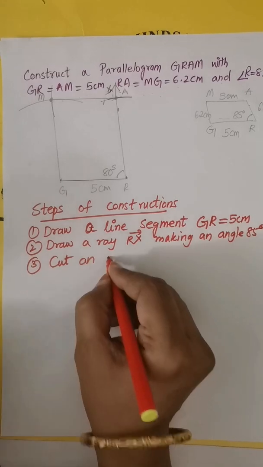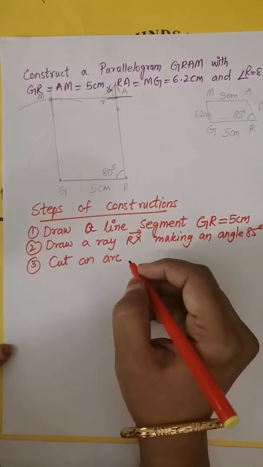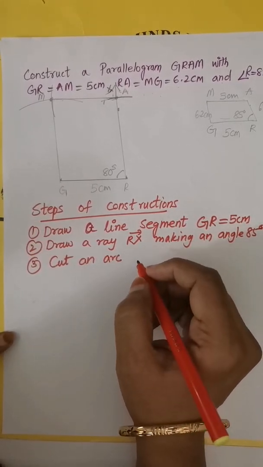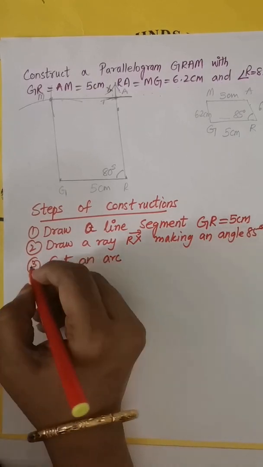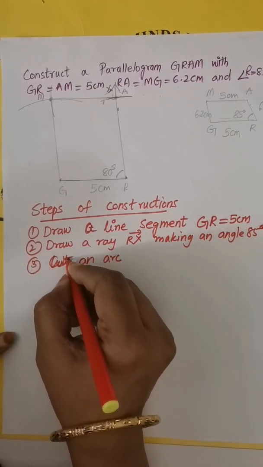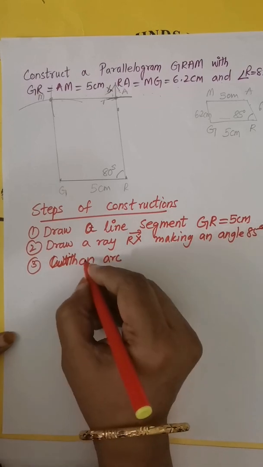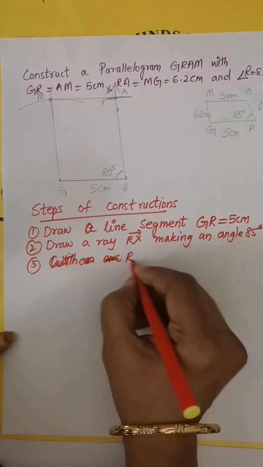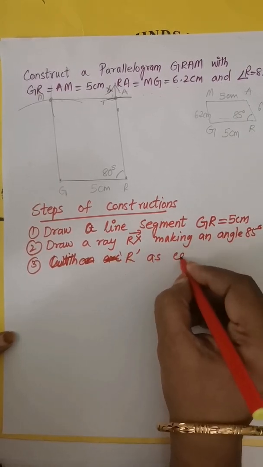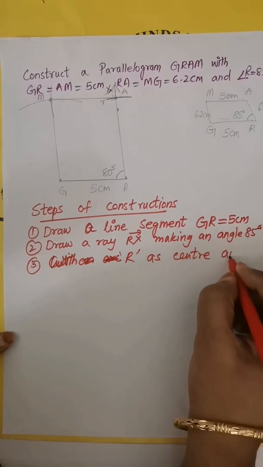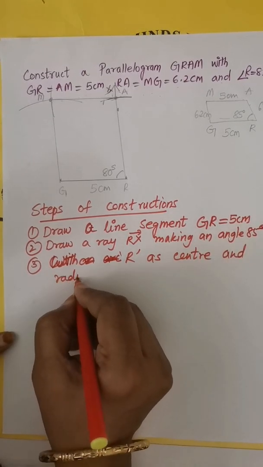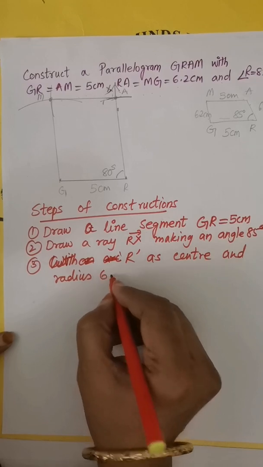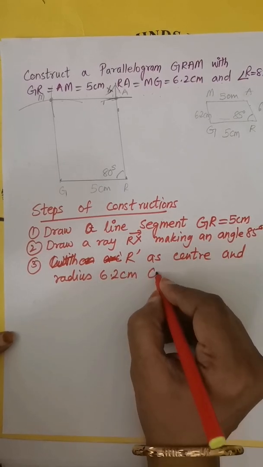Then what did we do? Cut an arc with R as center and radius 6.2 centimeter.